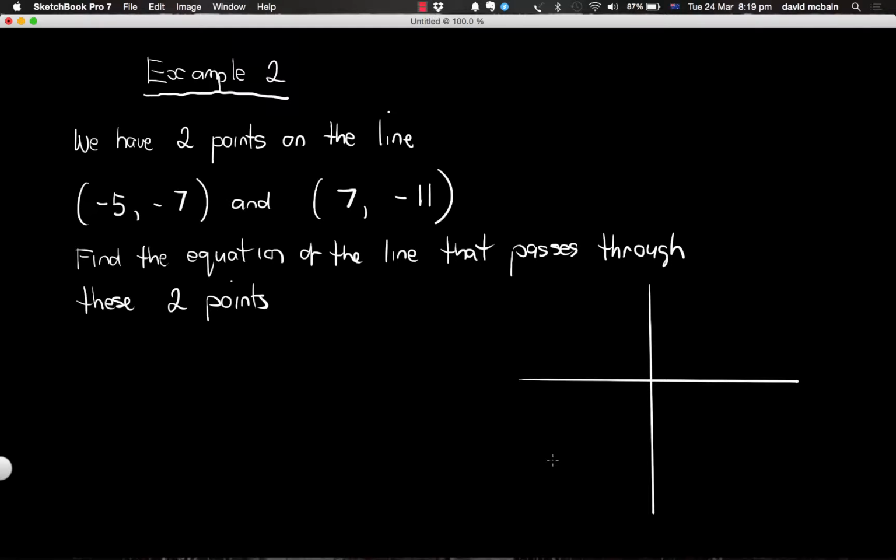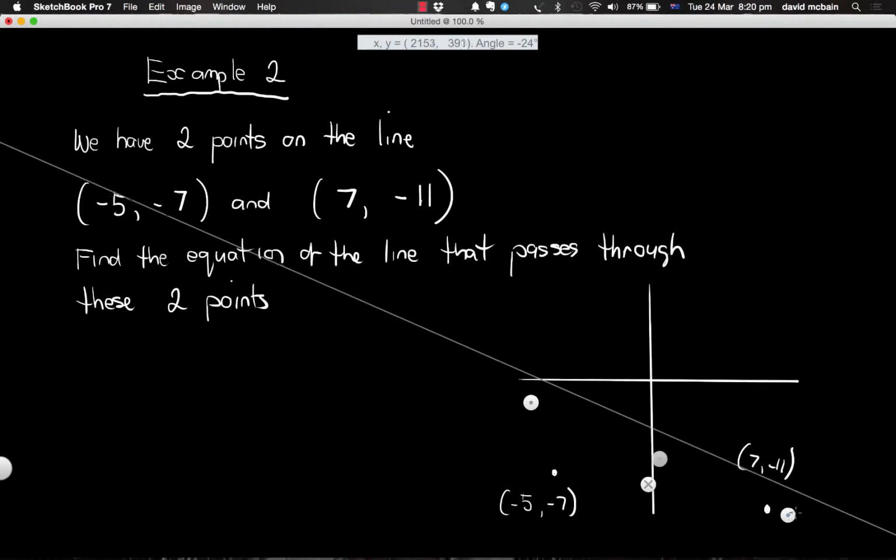Now, -5, -7. Well, -5, that's going to be way down here somewhere. Okay? -5, -7. The other point is 7, -11. Well, that's down here like this. So it'll be about there. So 7, -11.